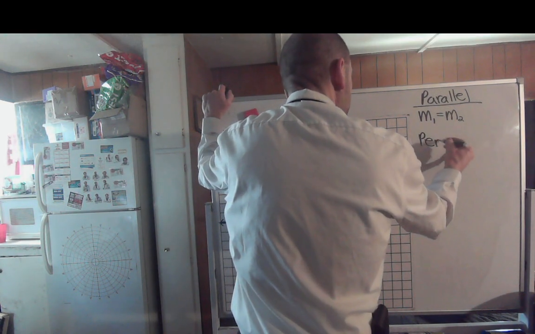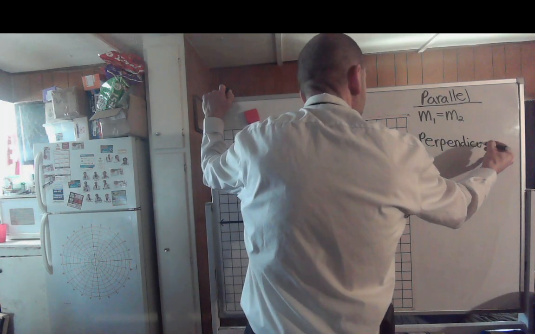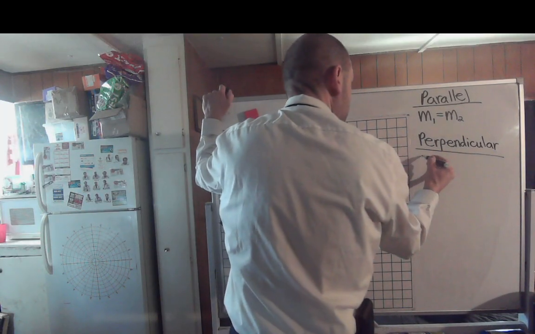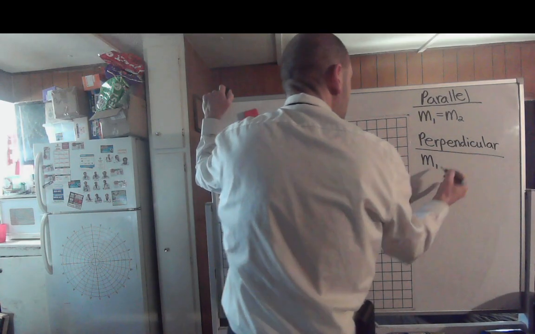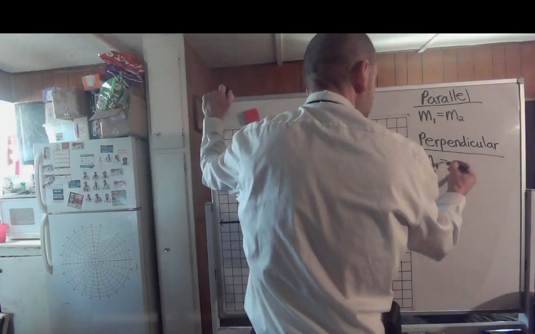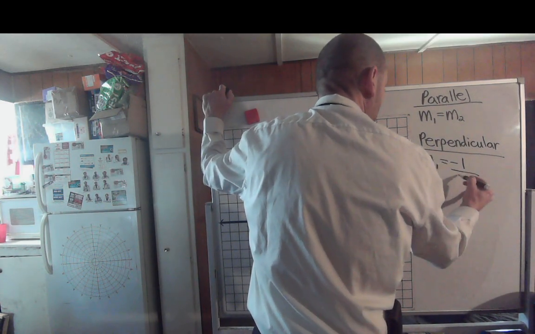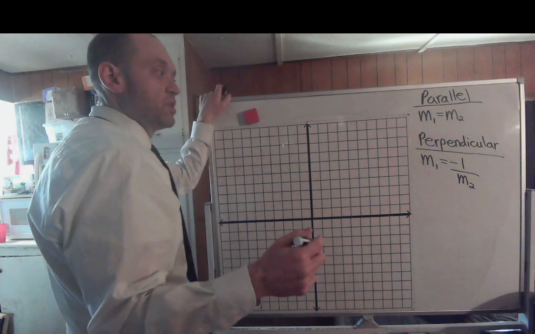Now, if they're going to be perpendicular, that means the slope of the first line is equal to the negative reciprocal of the second line's slope.